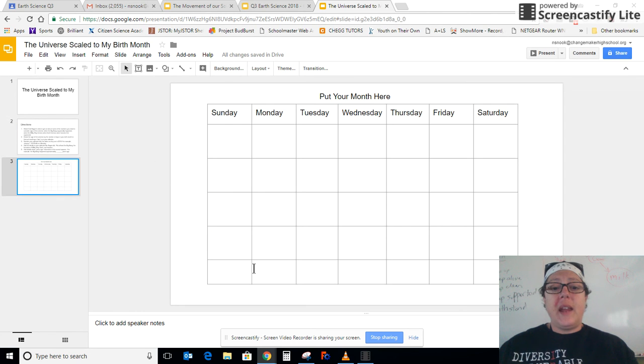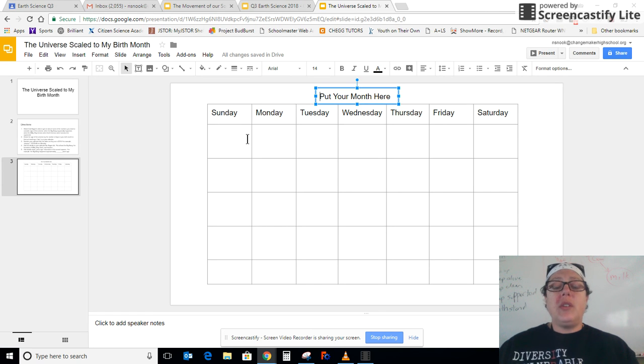I made a template here for you, all of you, to use. You will put your birth month up here. So you will click on that text box and edit it. And you also need to look up what the dates are for the days of the week for your month for 2018 and put them into each one of these squares.